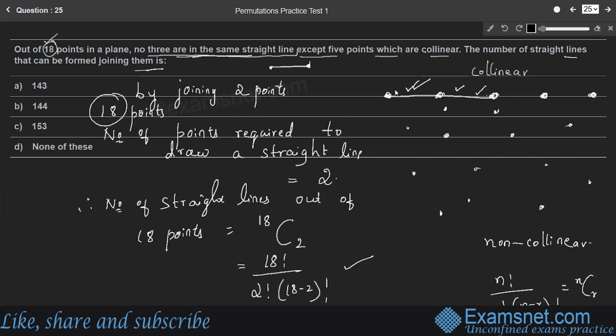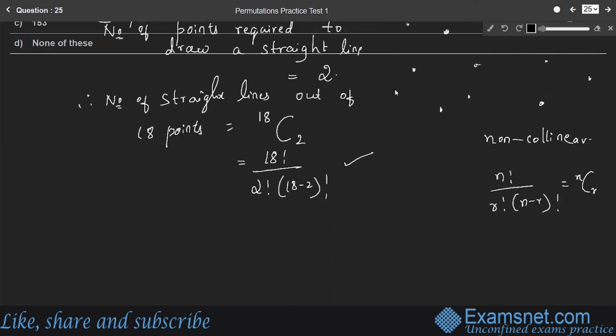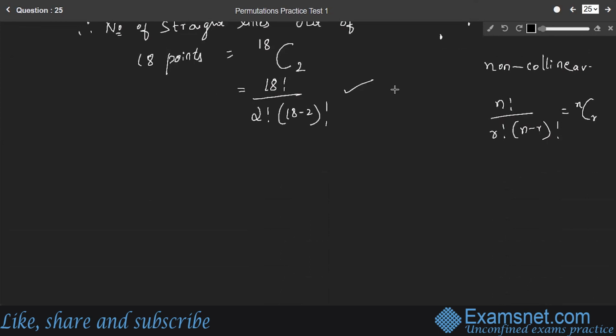So we have to consider total number of lines can be drawn out of 5 points. So these lines should be subtracted, right? Therefore, so total number of lines or straight lines out of 5 collinear points.